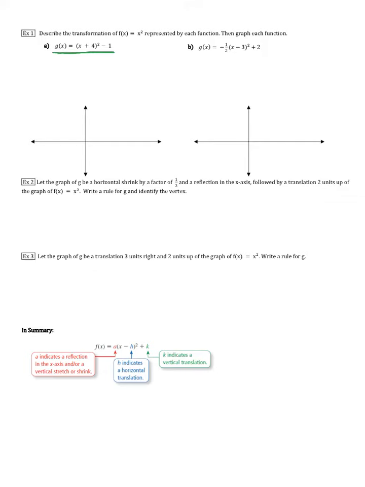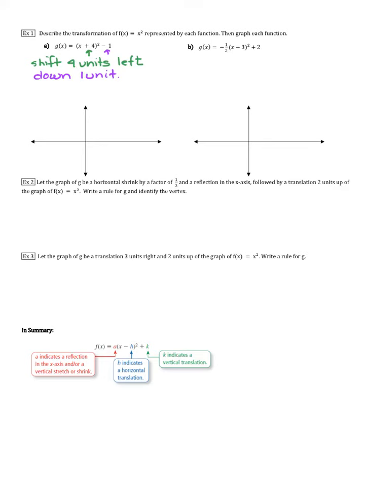So notice inside the parentheses, I have the plus 4. So that tells me I am going to shift 4 units left. So you're going to go in the negative direction because you always do the opposite of what's inside the parentheses. And then the minus 1 means I'm going to go down 1 unit.